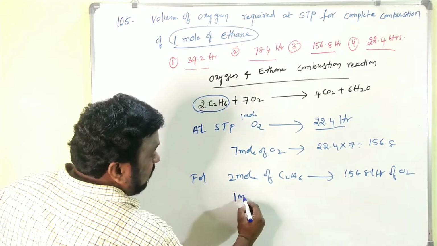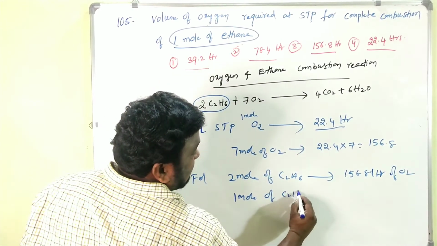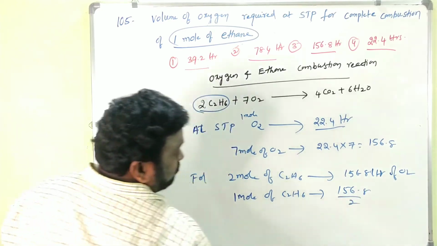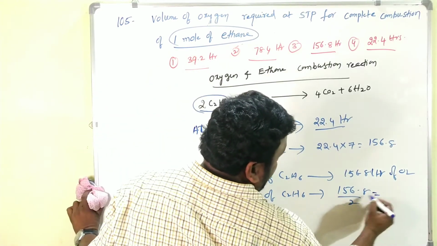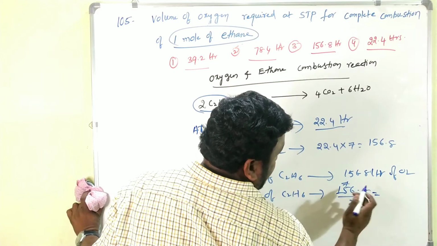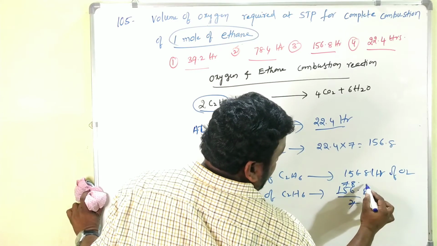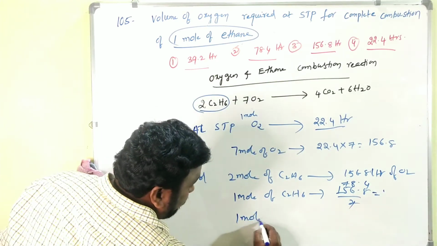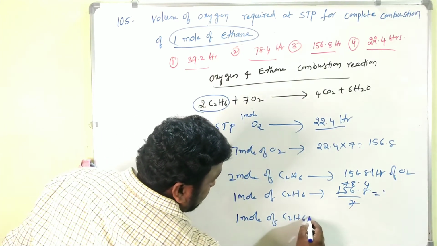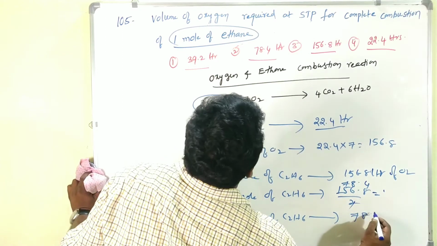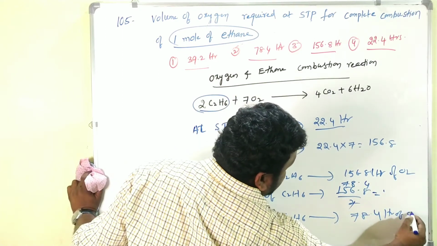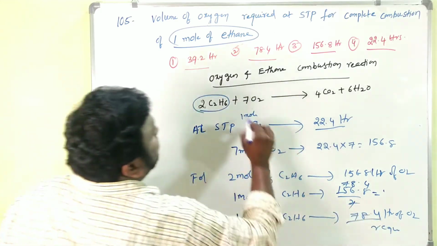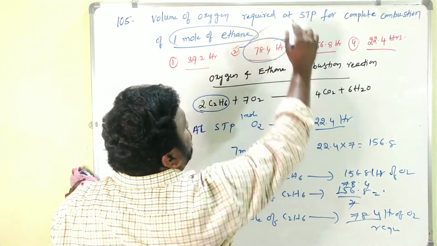Now for 1 mole of ethane, simply what you have to do is 156.8 by 2. That means 2 1s are 2, 2 7s are 14, 78.4. So for 1 mole of ethane combustion, 78.4 liters of oxygen is required. So this is the answer. Among the 4 options, the second is the right one.